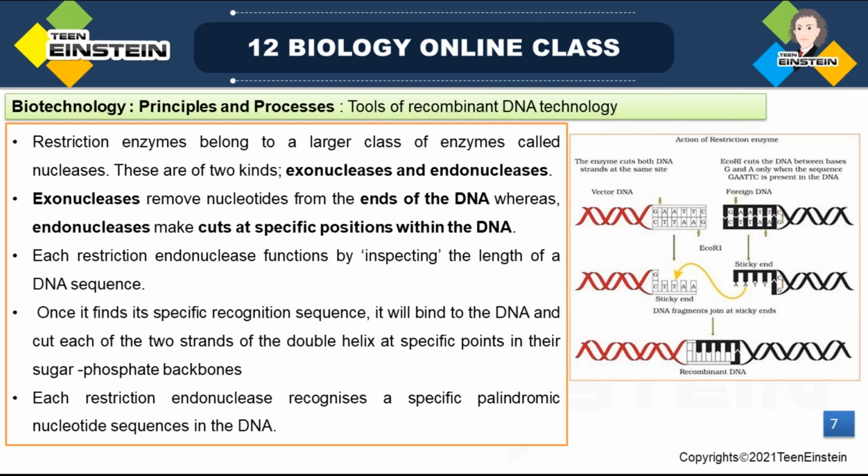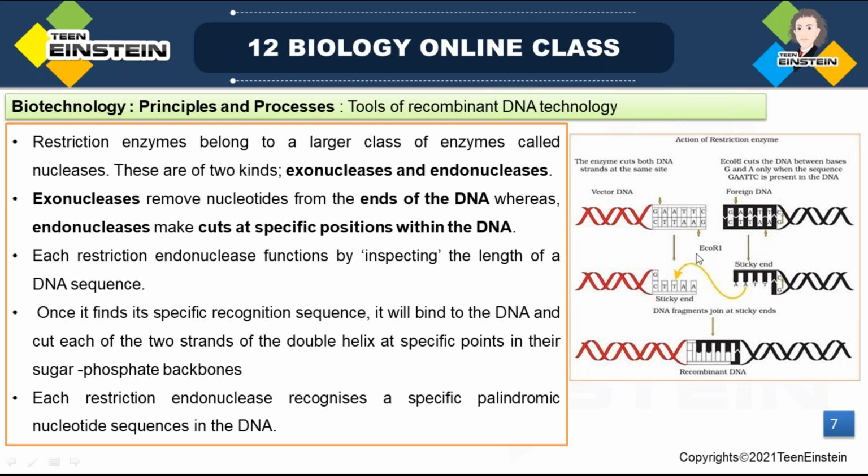Then each restriction endonuclease recognizes a specific palindromic nucleotide sequence in the DNA, a specific nucleotide sequence in palindromic form. So here you can see how a restriction enzyme is working.